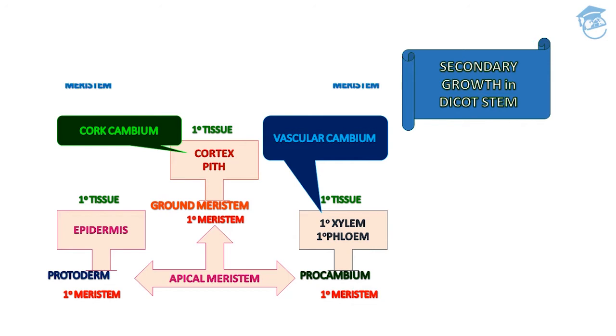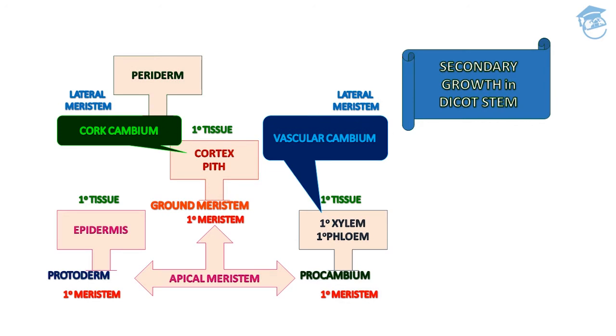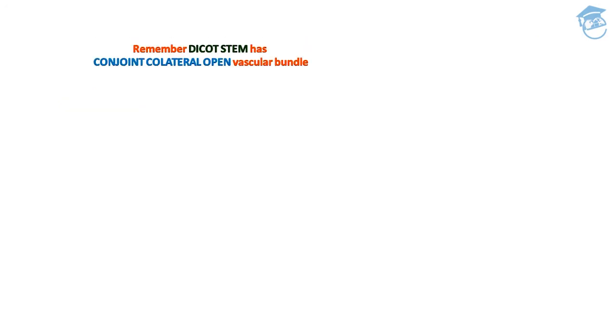These two are lateral meristems that help in increasing the girth of a plant body. Cork cambium, in later stages of development, gives rise to periderm, and vascular cambium in later stages gives rise to secondary xylem and secondary phloem. So these two are secondary tissues.